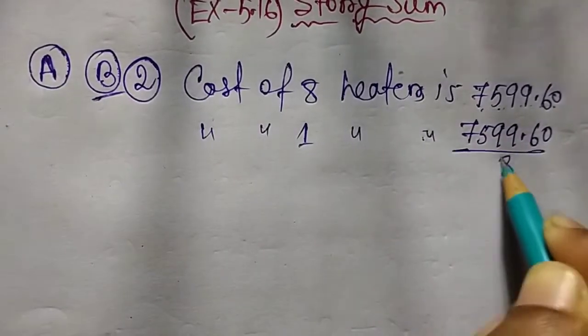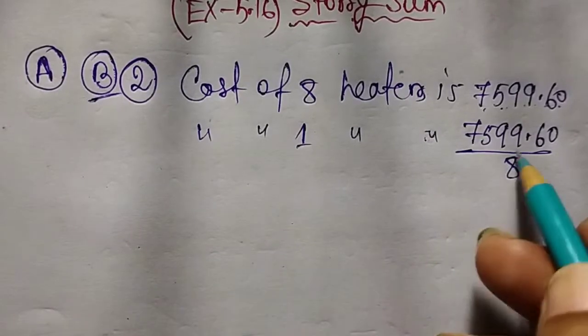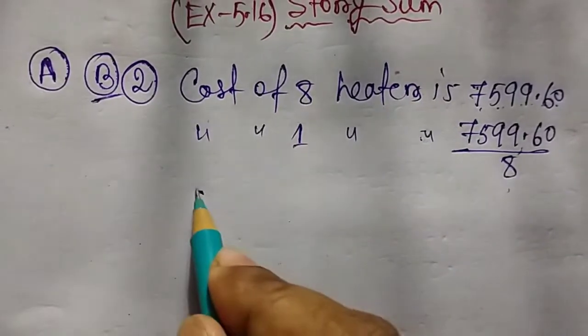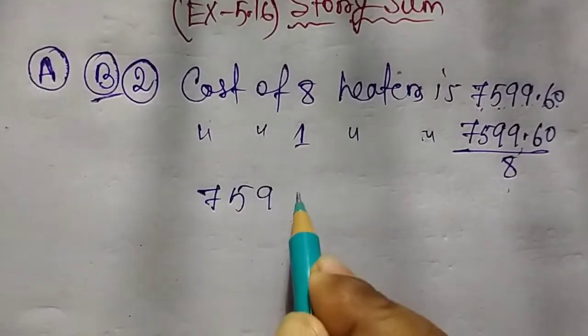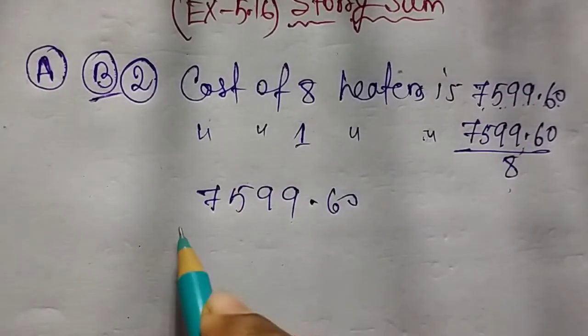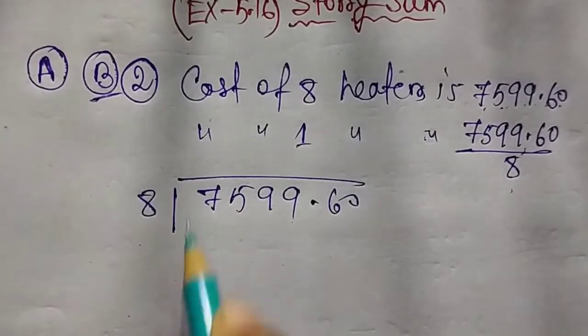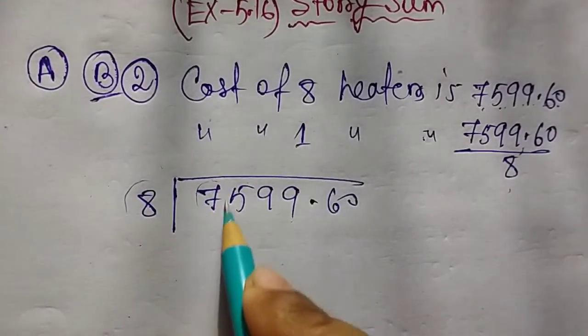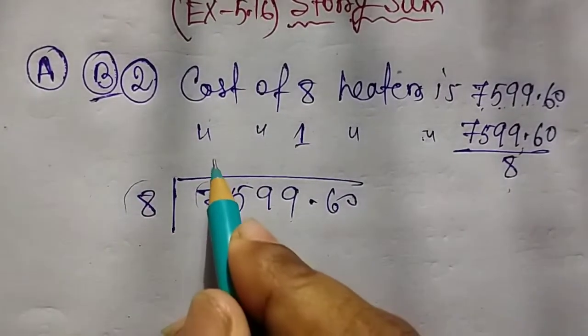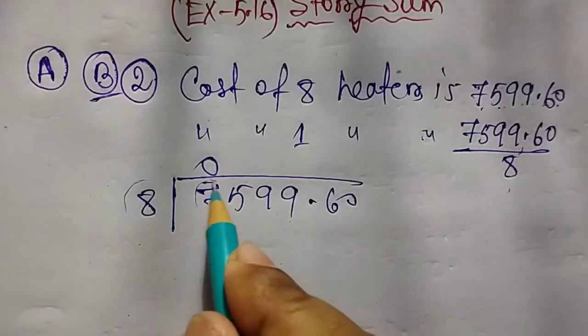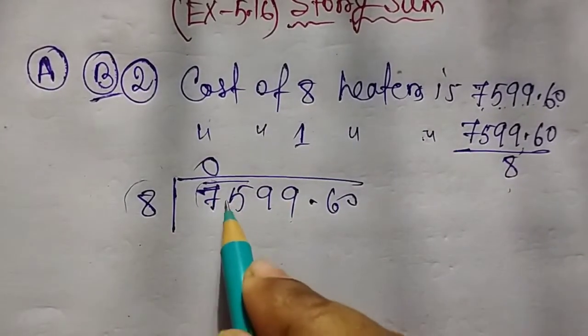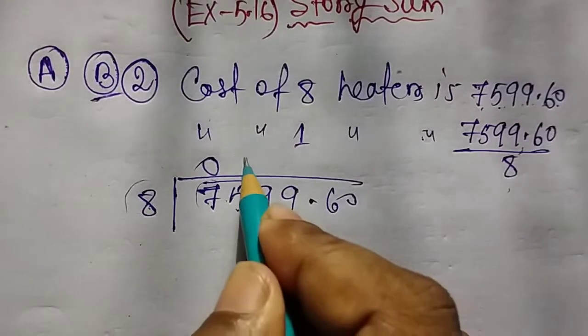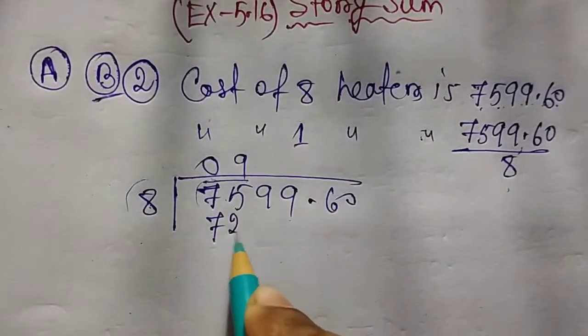7599.60 by 8, and you know how to divide this decimal number by a whole number. Here is 7599.60 by 8. Now here is only one digit, so check at first one digit, and it's less than 8, so we have to take 2 digits, 75. So 8 nines are 72.